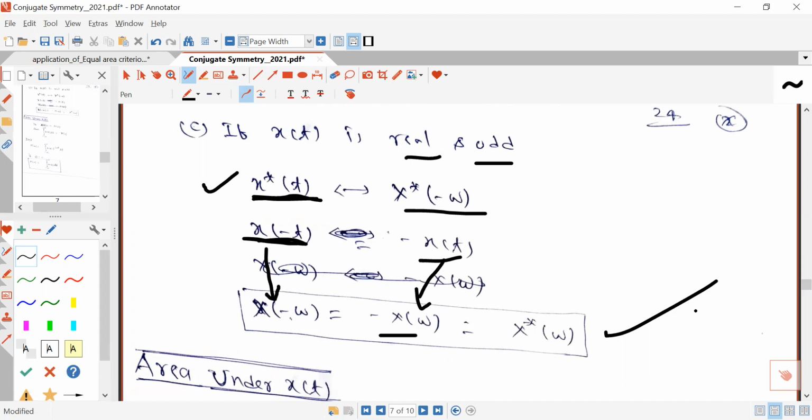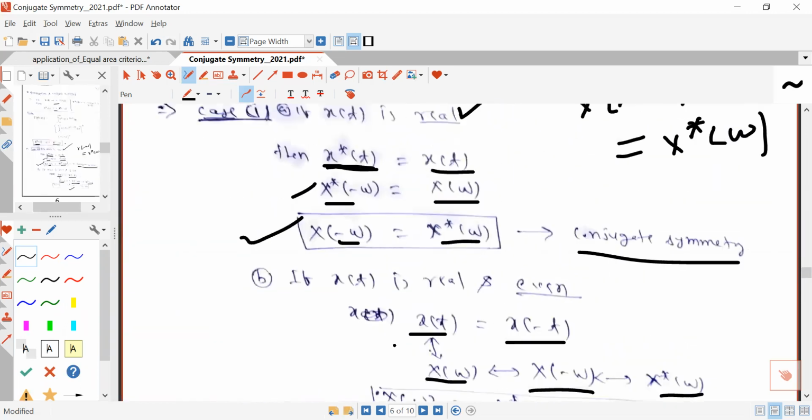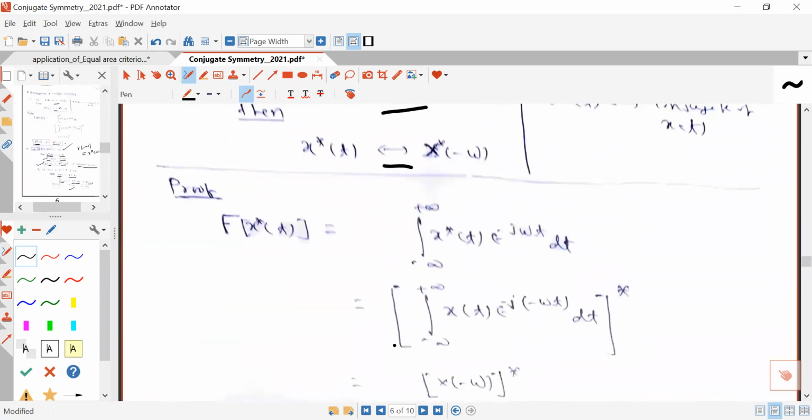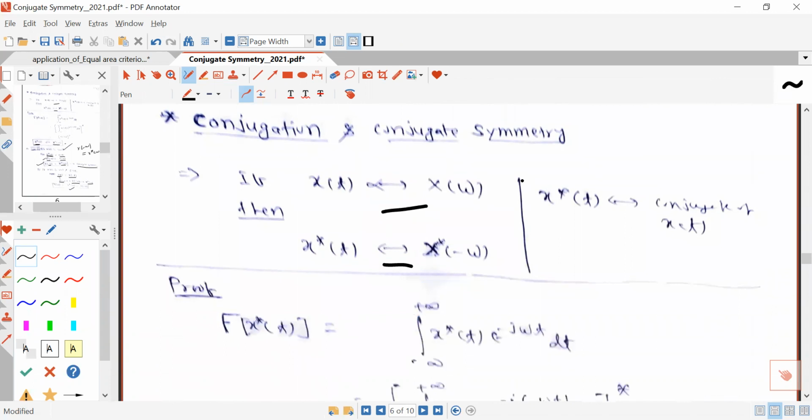This discussion is termed the conjugation or conjugate symmetry discussion. So you must understand this conjugation and conjugate symmetry of the Fourier transform. And with the use of this property, you can determine the Fourier transform of various conjugate signals.